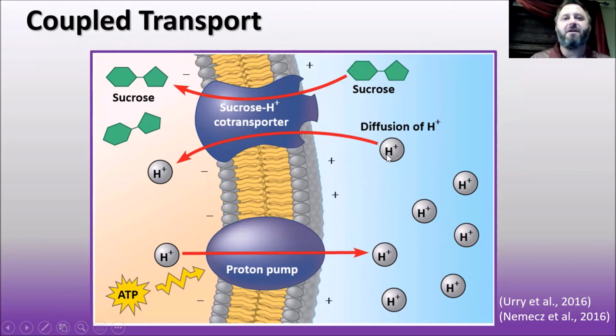And when the hydrogen ions bond to it, and in the example imaged here, sucrose, they will then diffuse across that membrane together, referred to as a co-transporter. So plant cells use the gradient of this hydrogen ion to generate these proton pumps and to really drive that active transport of a lot of nutrients into cells.